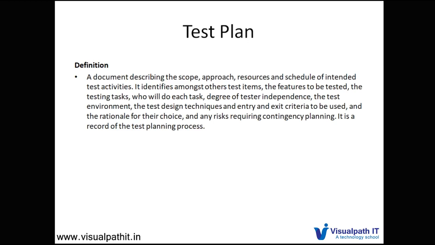It identifies amongst other test items the features to be tested, the testing tasks, who will do each task, degree of tester independence, the test environment, the test design techniques, entry and exit criteria to be used, and the rationale for their choices, and any risk requiring a contingency plan. It is a record of the test planning process. Actually, this is a definition given by ISTQB, not by IEEE. Sorry for that. So moving on.